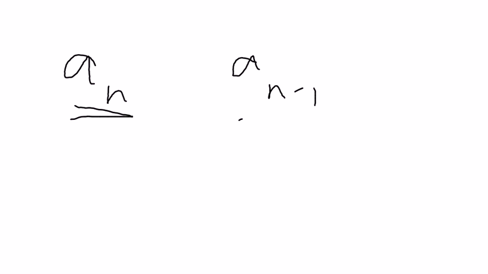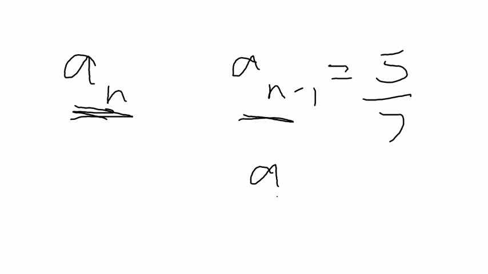Okay, so let's look at the second one. Find the arithmetic mean a sub n, given the term before it, a sub n minus 1. That means the term that's before that. Okay, this term comes before this one here. a sub n minus 1 is 5/7, and a sub n plus 1, which is a term after this, is going to be 9/4.